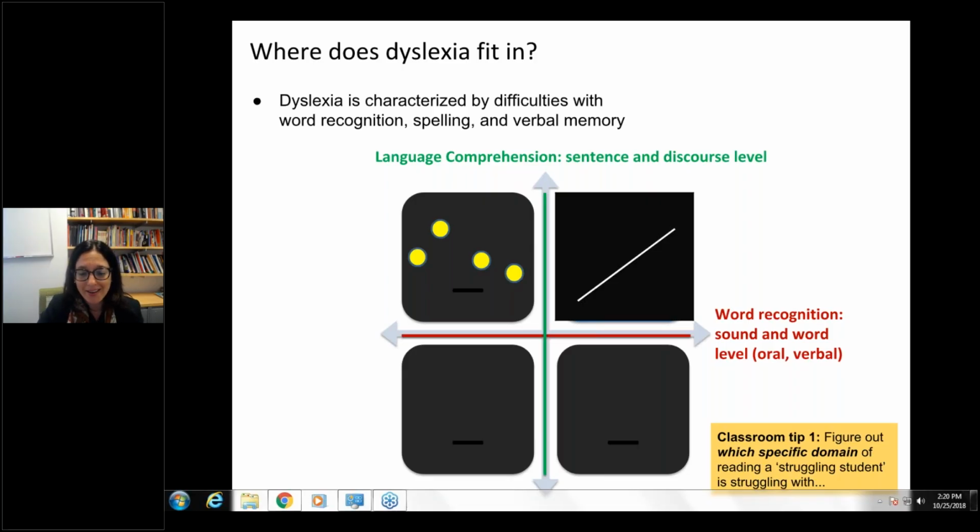And so they have a different issue and therefore need different instruction. So when I go into a school and work with teachers, I always want us to first do assessments to figure out what is the challenge for this kid. Is it word recognition or is it language comprehension? You want to isolate the problem, right? If you go to a doctor to figure out a problem, you want to rule out what it is and what it isn't.